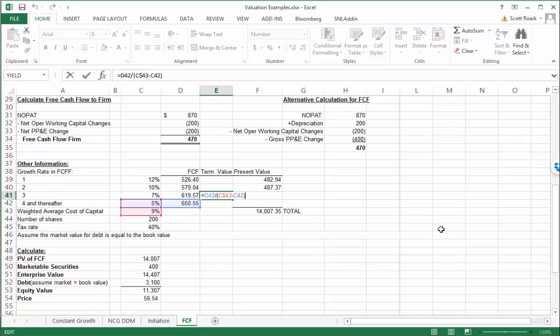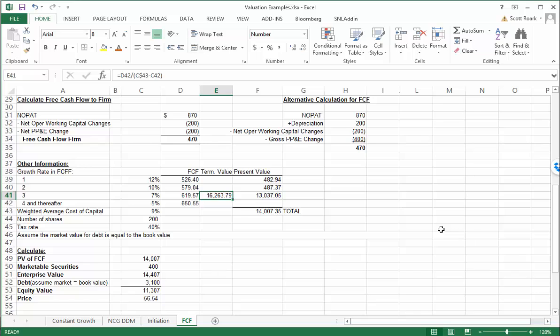I'm dividing it by WACC, which is 9%, taking away the constant growth rate of 5%. So I'm dividing it by 0.04. I end up with a terminal value of the firm of $16,263. That number, by the way, is the present value of all future cash flows for the firm, all future free cash flows from the firm.